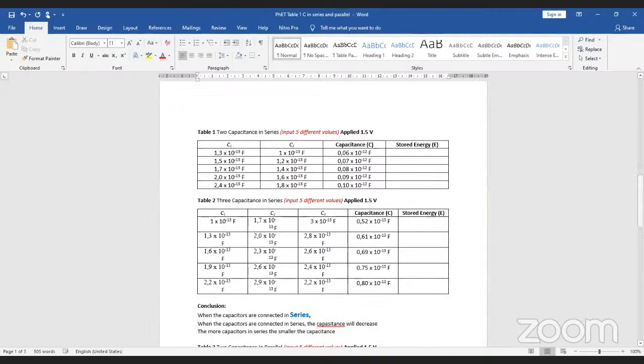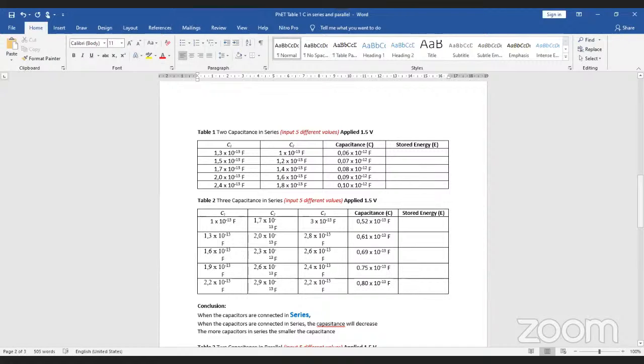In table 2, with 3 capacitors in series. Capacitor 1, we got 1 times 10 to the power of minus 13 farad. Capacitor 2, we got 1.7 times 10 to the power of minus 13 farad.